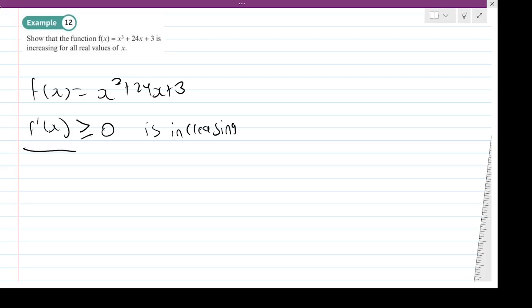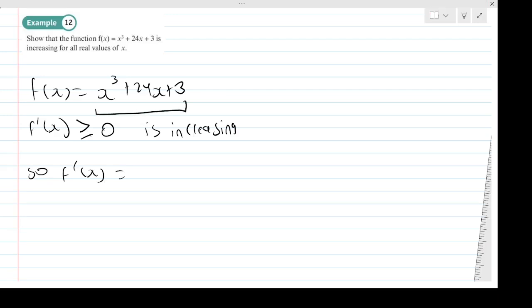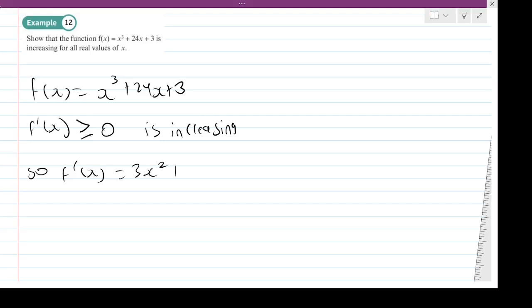Well, then let's work out the derivative. So f dash of x, well, if we differentiate our function, x cubed firstly goes to 3x squared, 24x goes to 24, and the number 3, it's just a number, so it goes to 0, okay? We've seen that before when we differentiated certain functions. So there we are, so that's my derivative.